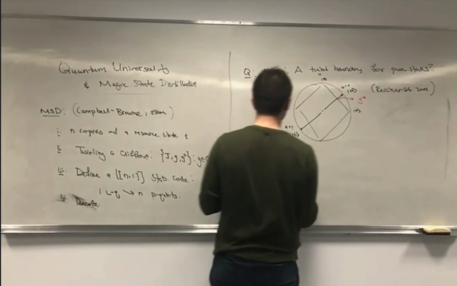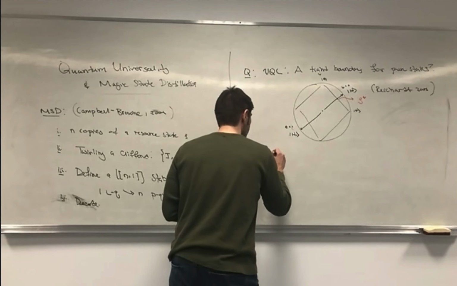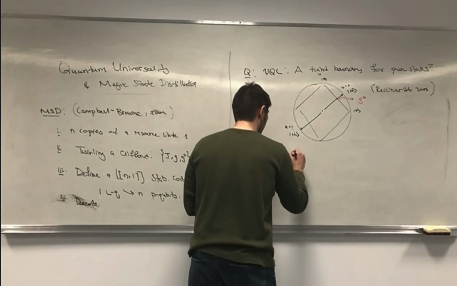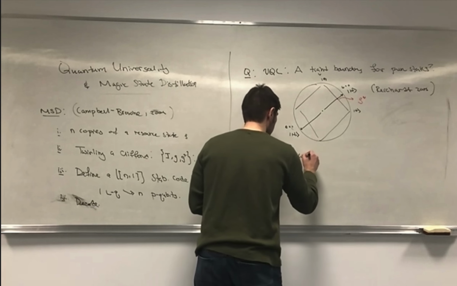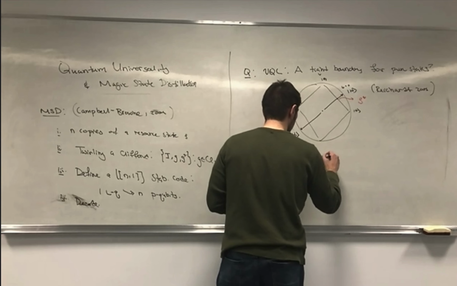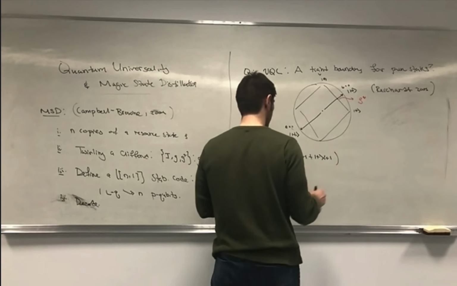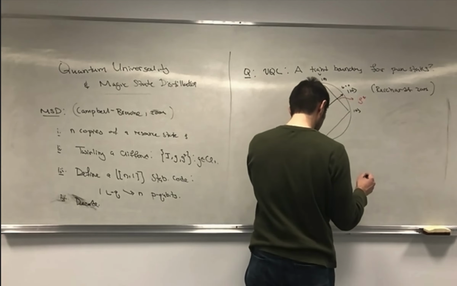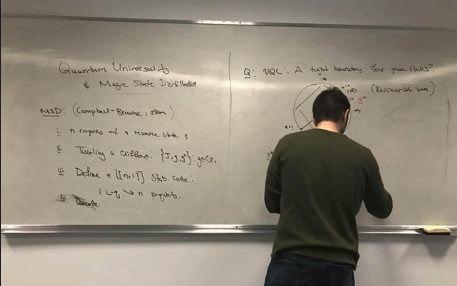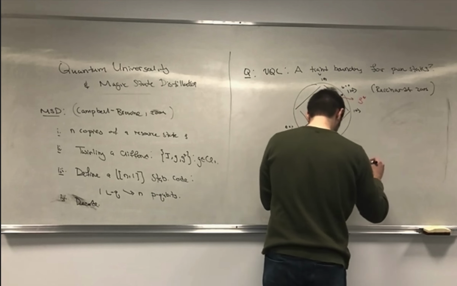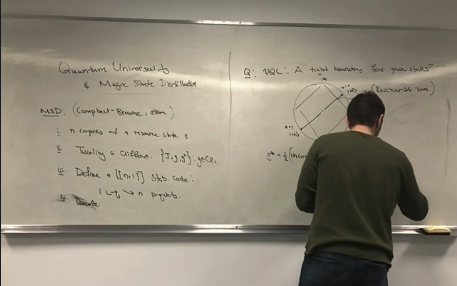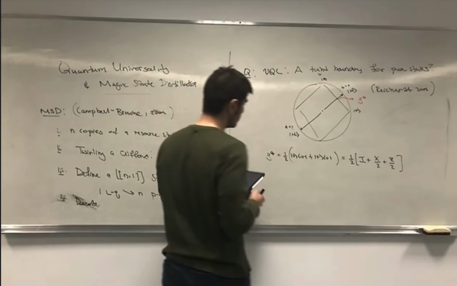Since it's an even mixture, rho star is equal to 1/2 |0><0| plus 1/2 |+><+|, which when I write these in terms of Paulis ends up being 1/2 (I plus X over 2 plus Z over 2).